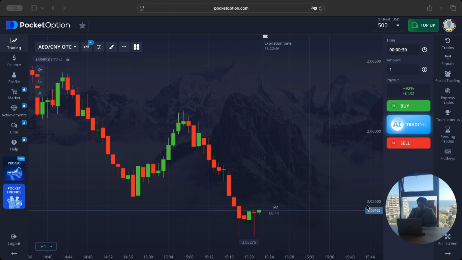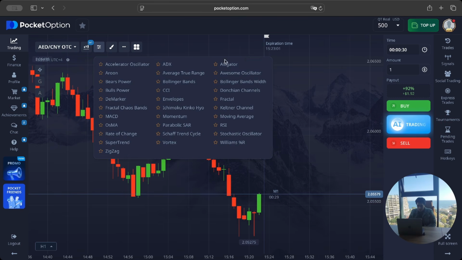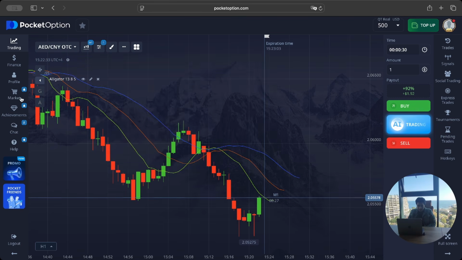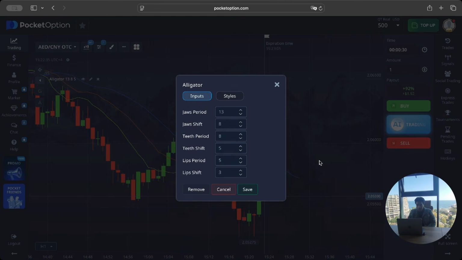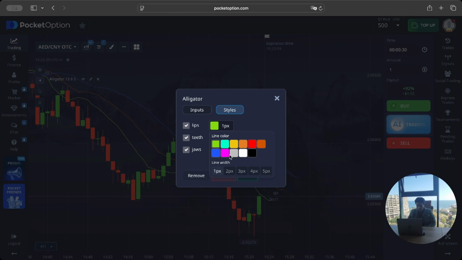All you need to do is open Pocket Option, and we will select two indicators: two indicators, one strategy, small and step by step. With $500 we'll start to grow. First, click the Alligator. Keep everything at the defaults, and change the style to 2px, maximum for everything.